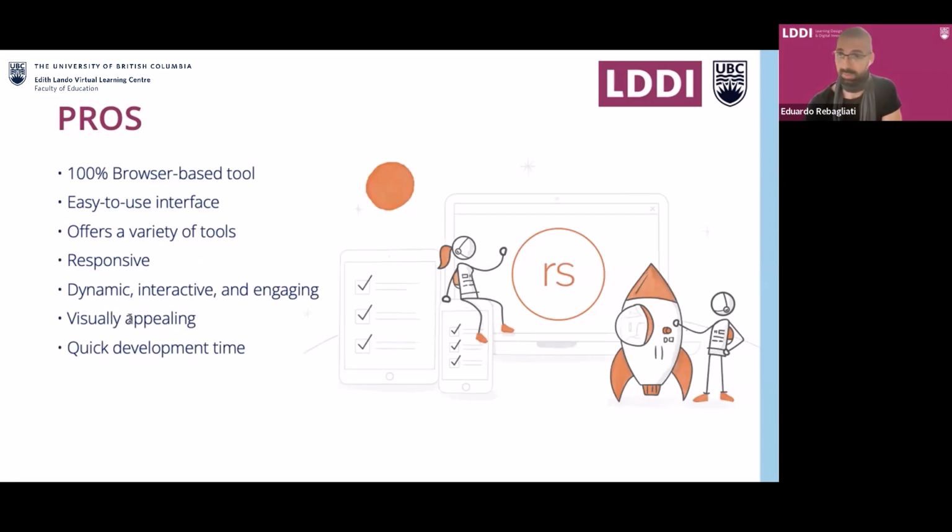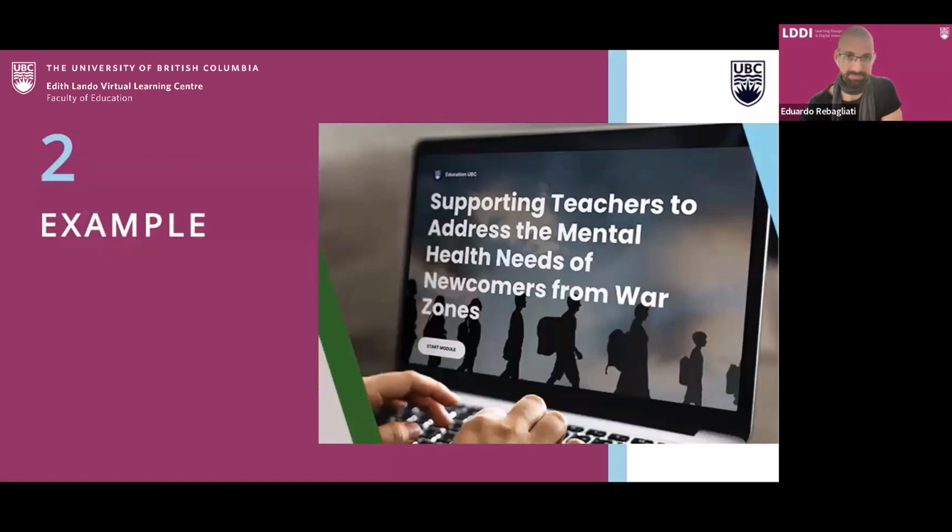It's very visually appealing. I think that's one of the most significant pros. And the development time can be reduced in many ways compared to other tools you might be using for instructional design or creating courses. You'll see how in a very fast way we can create a course.